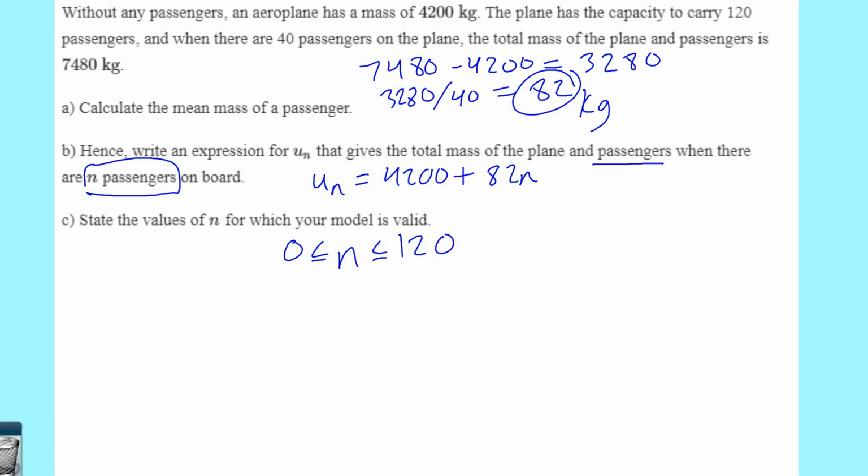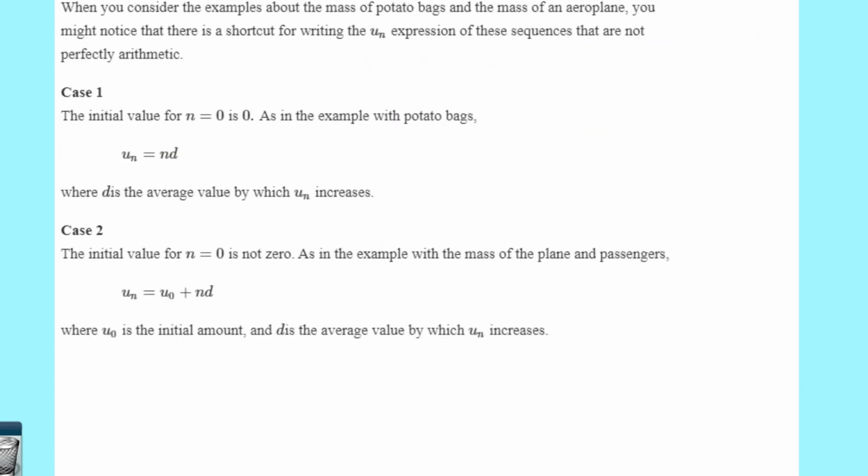All right. Almost done. I know this is a long one. Okay, when you consider the examples about the mass of potato, that's a shortcut for writing u of n expressions that are not perfectly arithmetic.